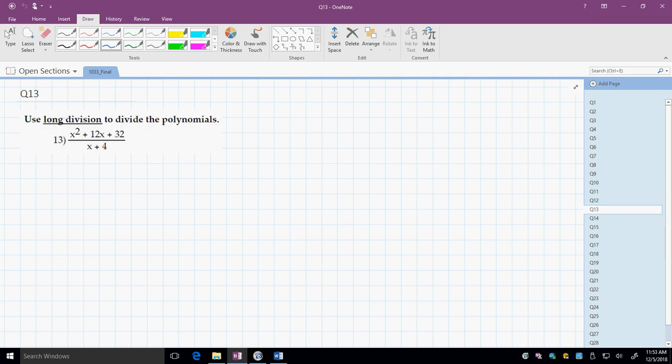13, long division. We're going to set up our long division. We have x squared plus 12x plus 32. The idea is to cancel the first term. So you have to think by what you need to multiply x to get x squared.